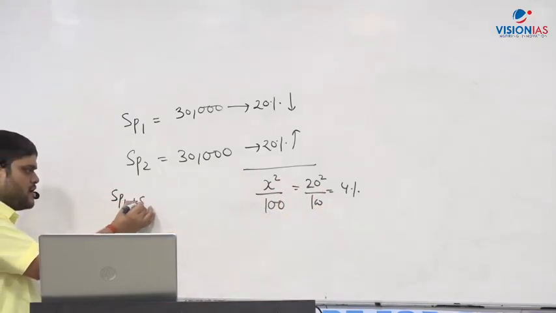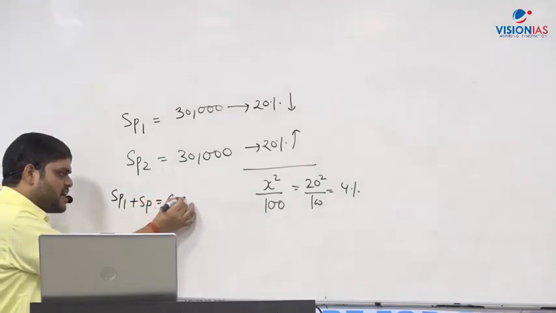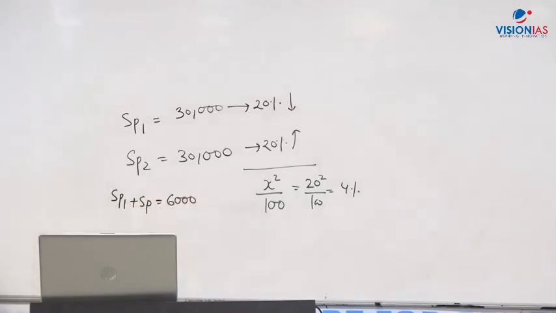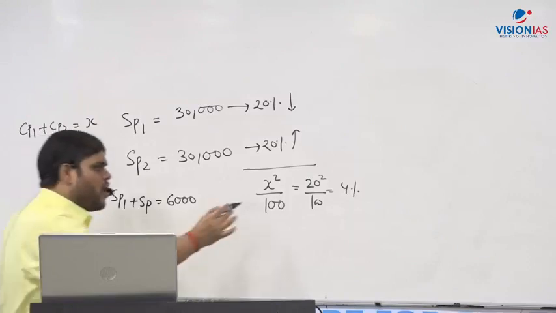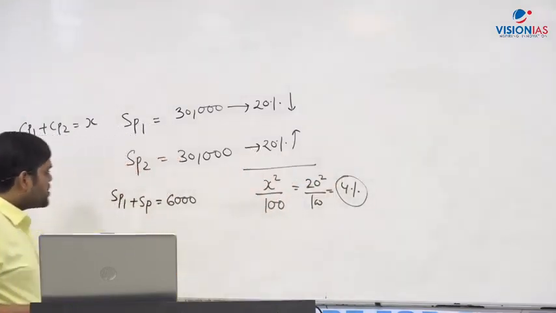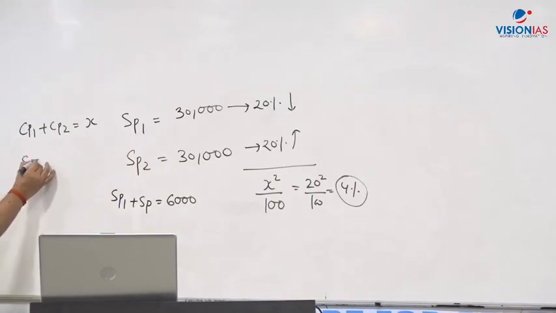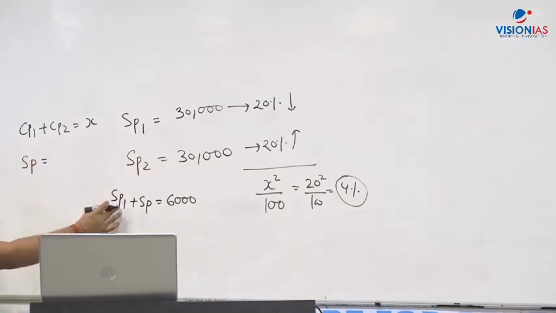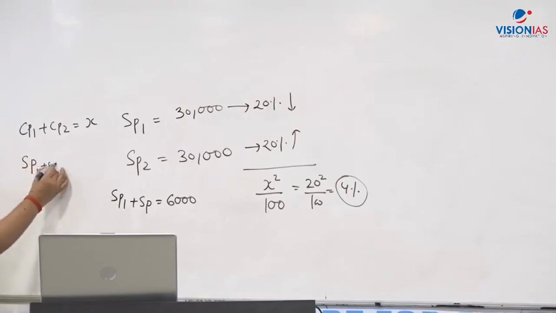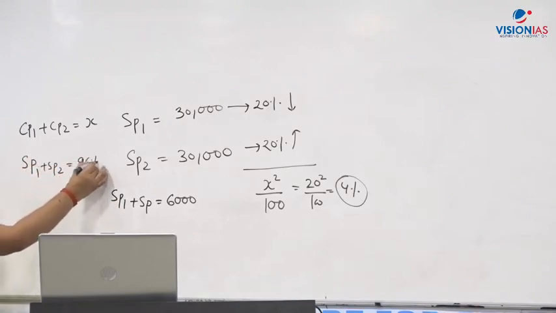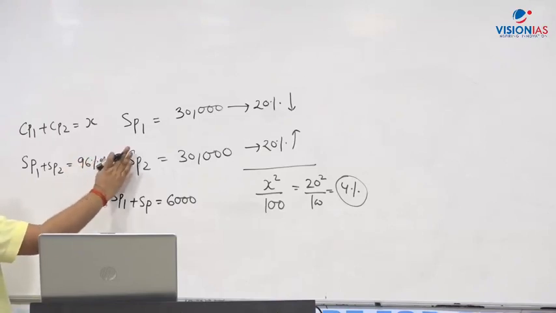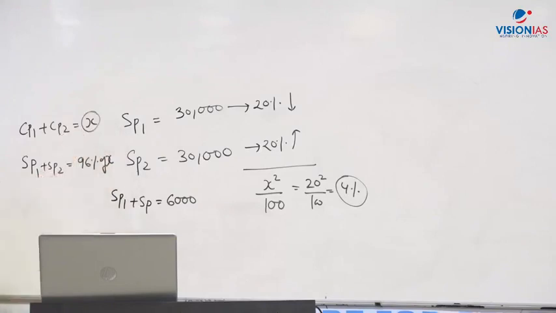SP1 and SP2 total is 60,000, and suppose CP1 plus CP2 is equal to x. The overall loss is 4%, so SP1 plus SP2 is equal to 96% of CP1 plus CP2, that is 96% of x.